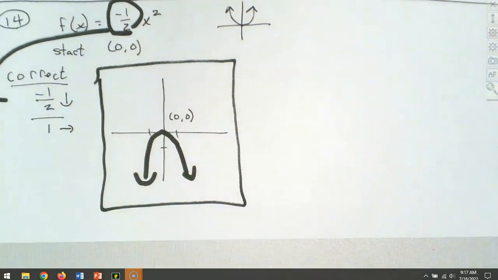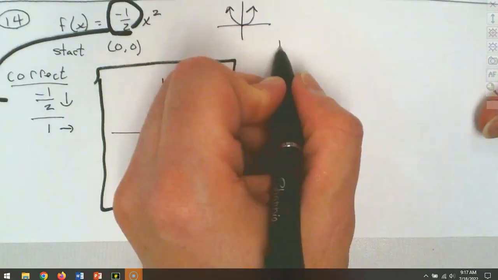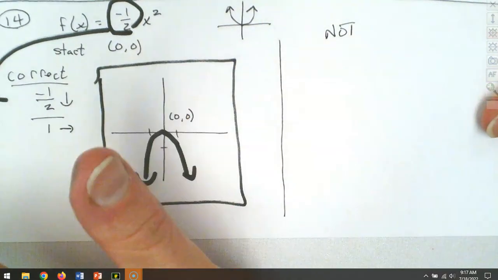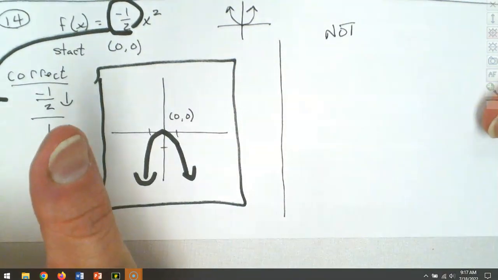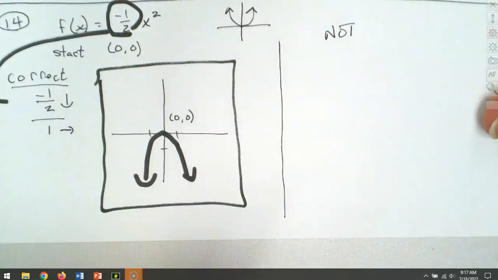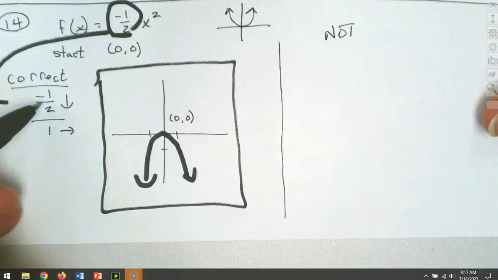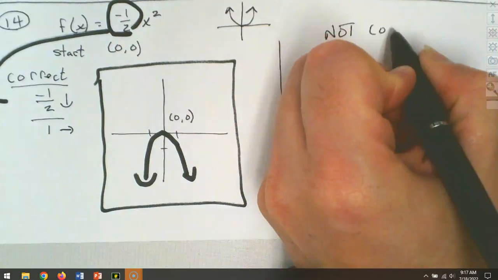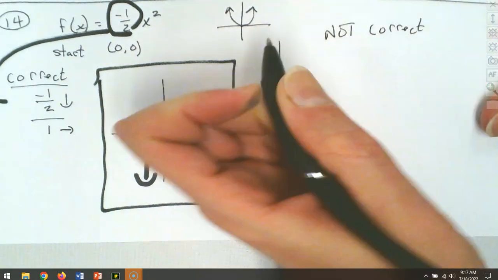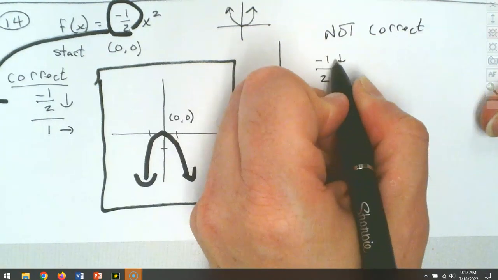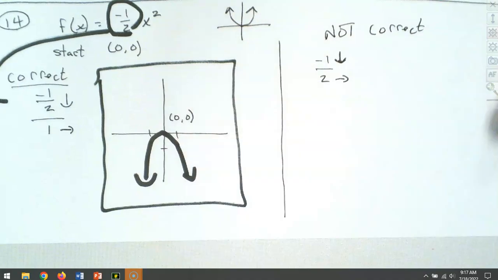Now, this is what a lot of times students do. And this is not correct over here. I am just doing this, and I'm going to put an X through it when I'm done. I am just doing this so that you see why you need to make sure you write this as a fraction over 1. You're going to see that the graph looks different.